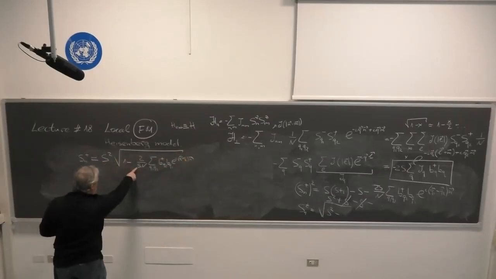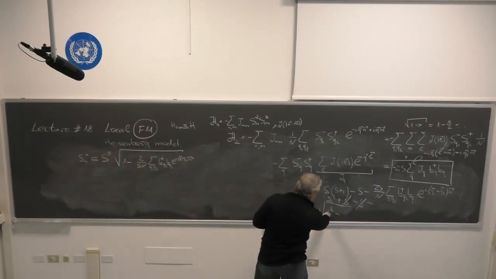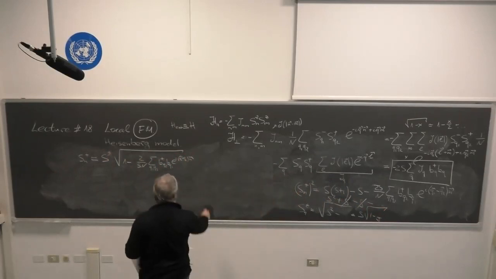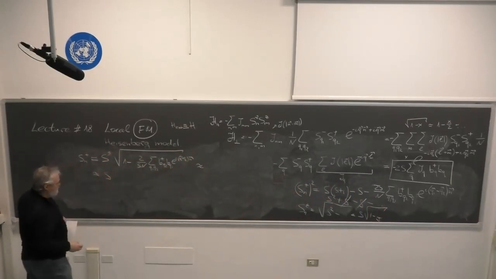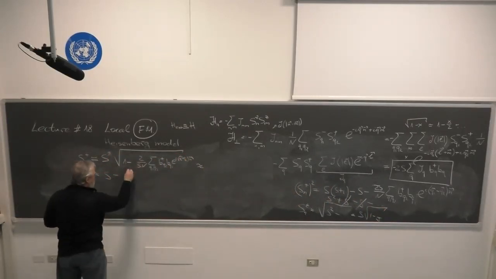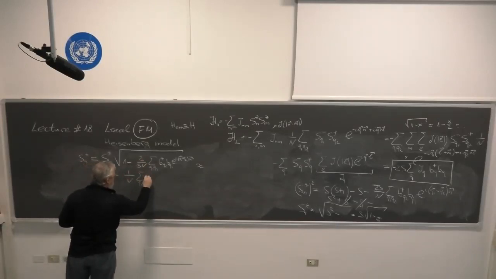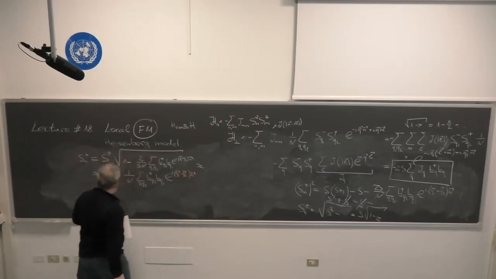Then I expand the square root. So this is S times the square root of 1 minus something, which is then approximately equal to S minus 1 over N sum over q1, q2, b†_{q2} b_{q1} e to the power i(q1 minus q2)n. Good.